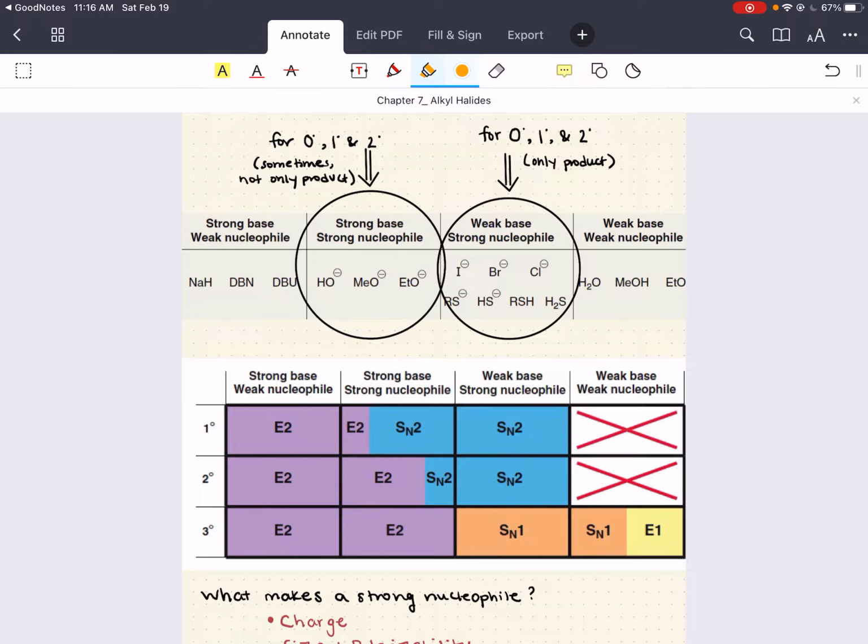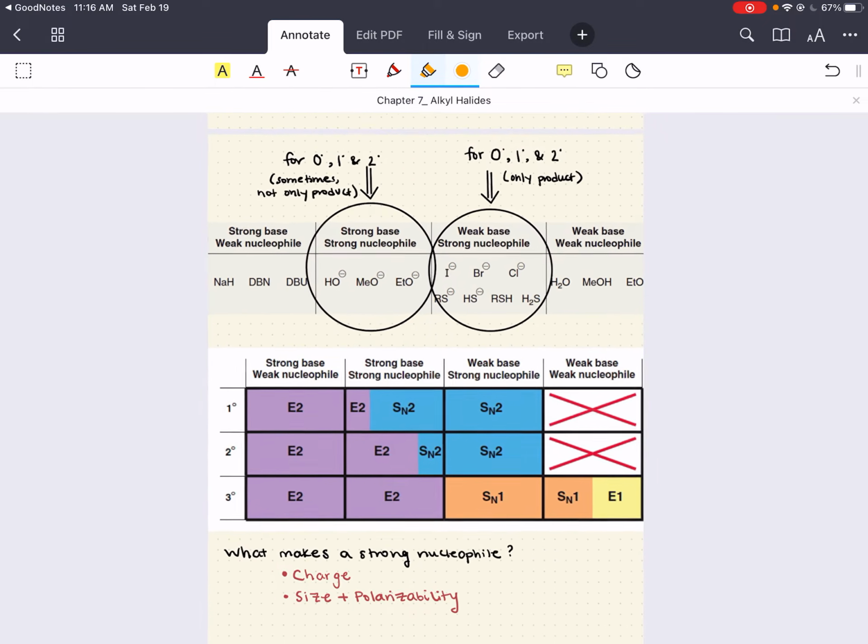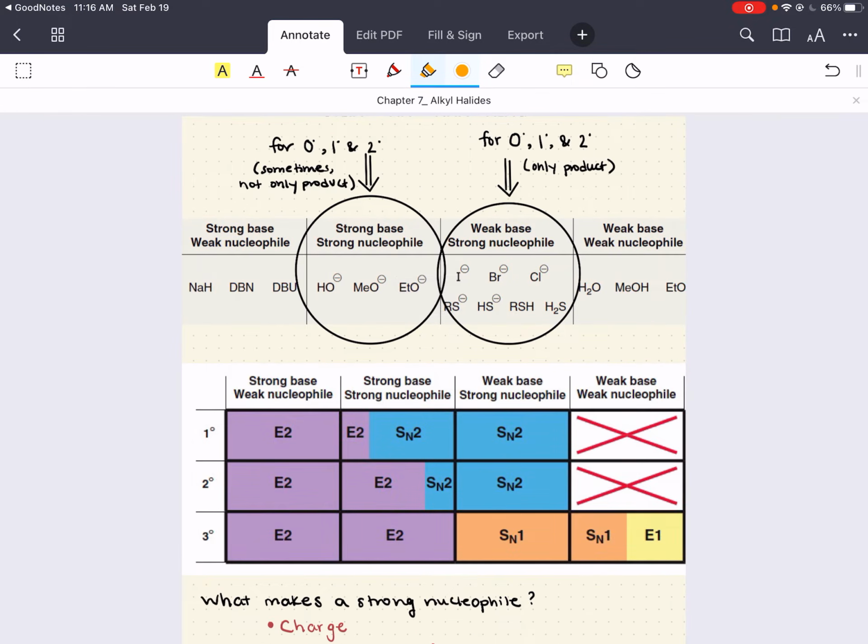So here what we have, and these tables are shown at the end of the David Klein textbook in chapter 7, but I think that you should look at it before you even start this chapter, before you learn SN2, SN1, E1, and E2.